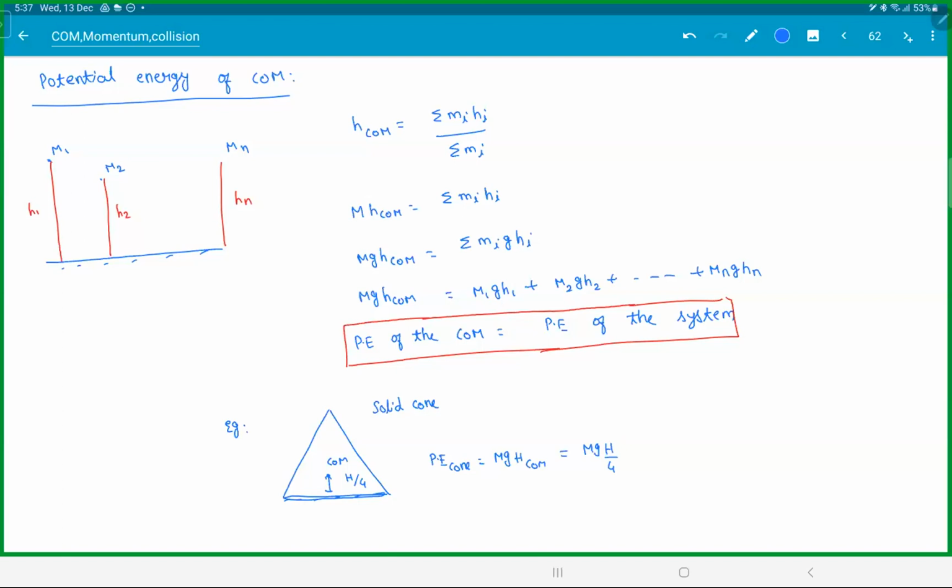So for all these continuous bodies that we studied, the potential energy of any of those bodies will be total mass g into the height of the center of mass. Clear? What else is missing?